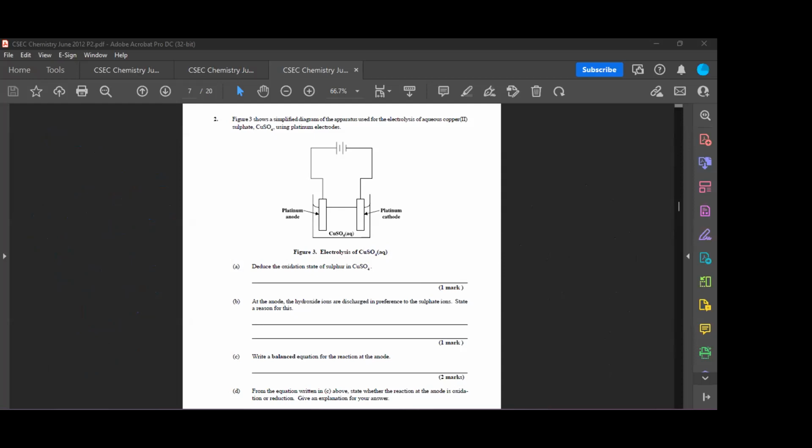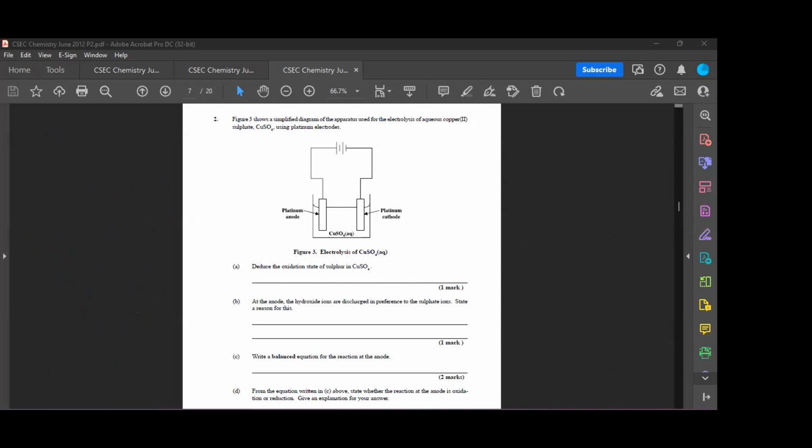So the order is always sulfate, nitrate, then chloride, bromide, iodide, and lastly hydroxide. You have to know the electrochemical series in order to answer those questions correctly.